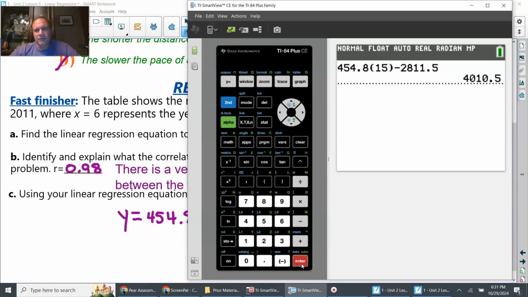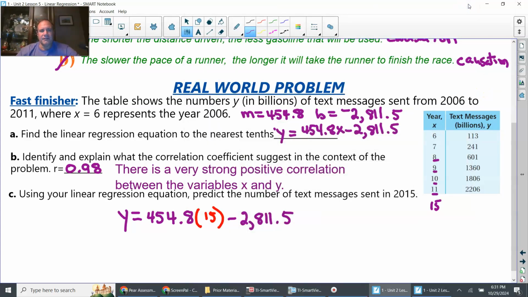And you're going to press enter, and it's 4010.5. So y equals, in this case, 4010.5 text messages.